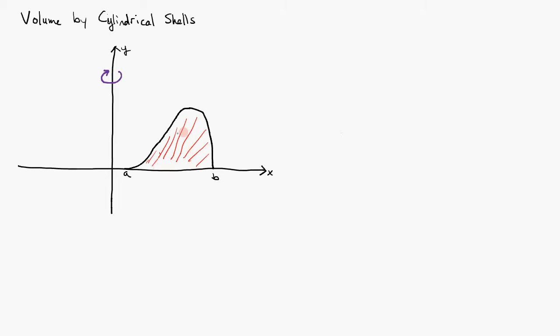Now imagine you have this region here and you're asked to rotate it about the y-axis. Let's try to sketch the solid that results if we rotate it about the y-axis. So we rotate it around.